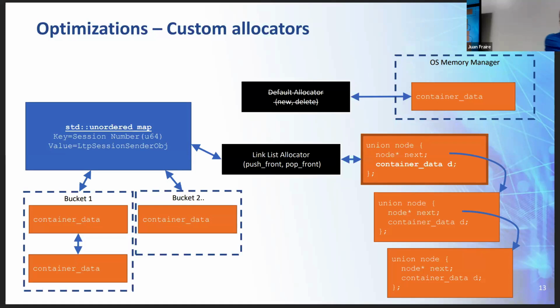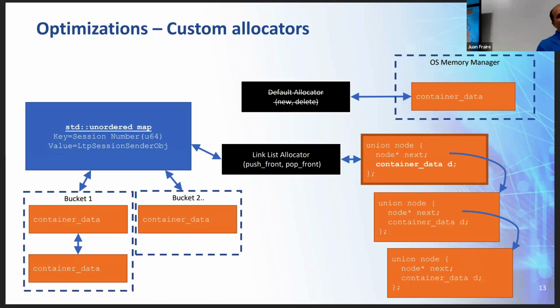So when it's owned by the map, it's still container data, but when it's owned by the new custom linked list allocator, it now becomes a singly linked list. So hence node star next there, a pointer to the next data.